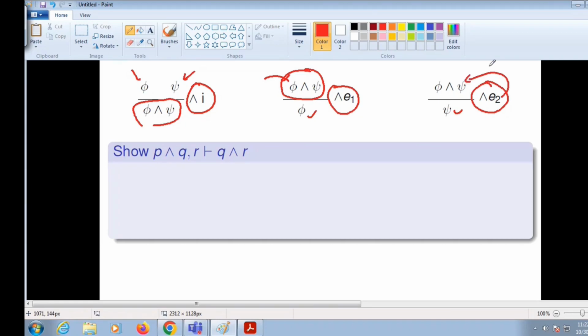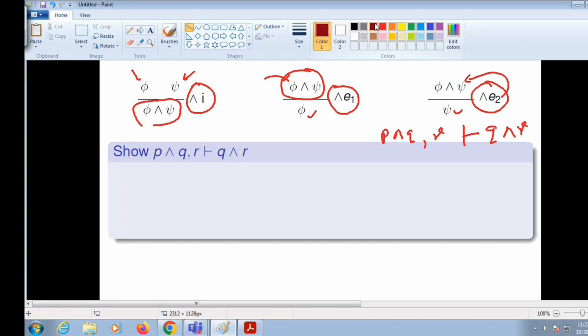So now I have a small question. Let's assume that I have P and Q, and I have R. Can you tell me that I can derive that I have Q and R? Okay, let me show you how you can do that.